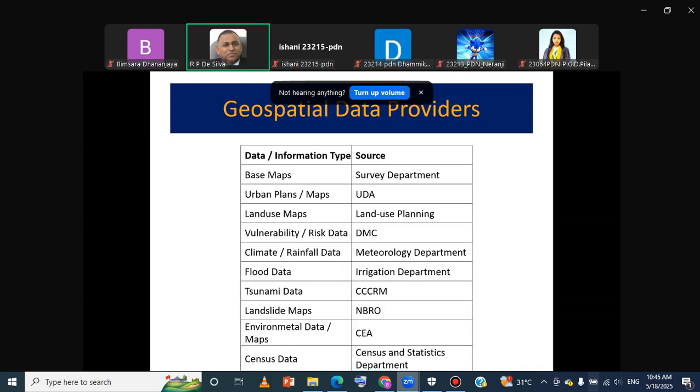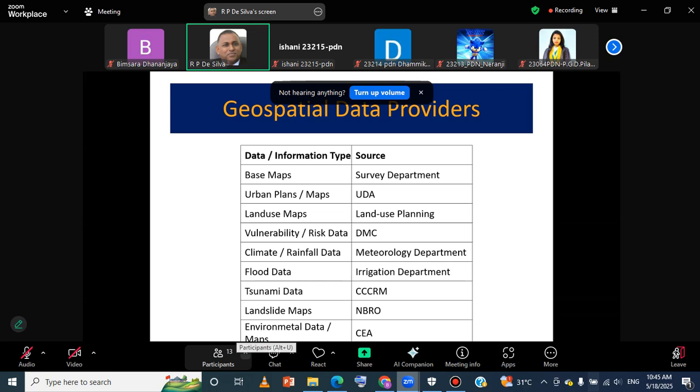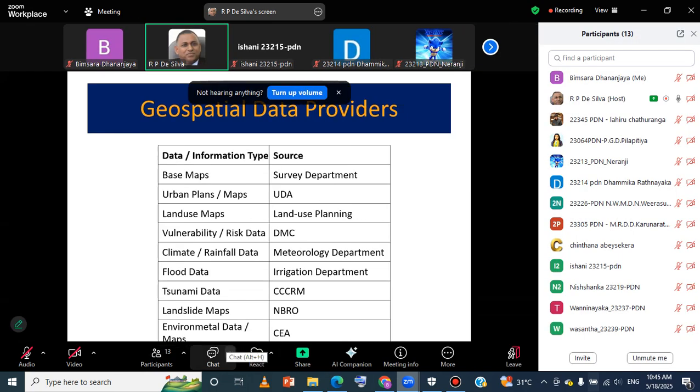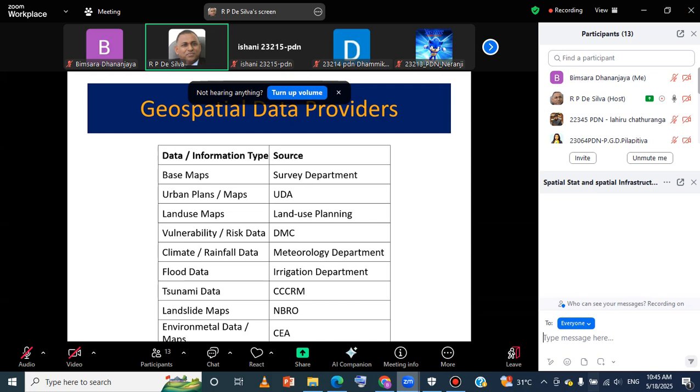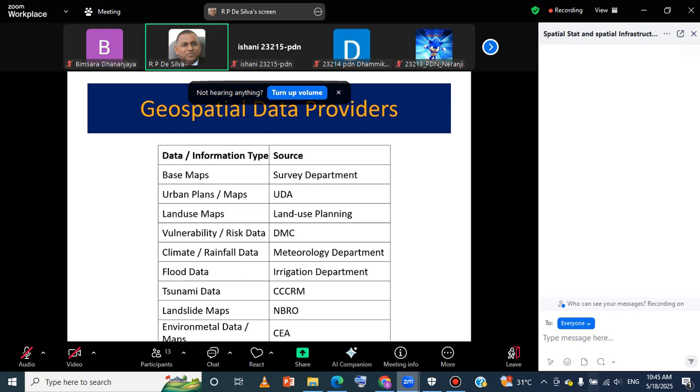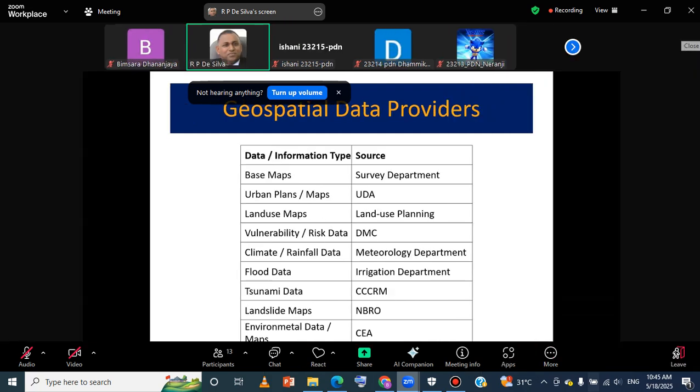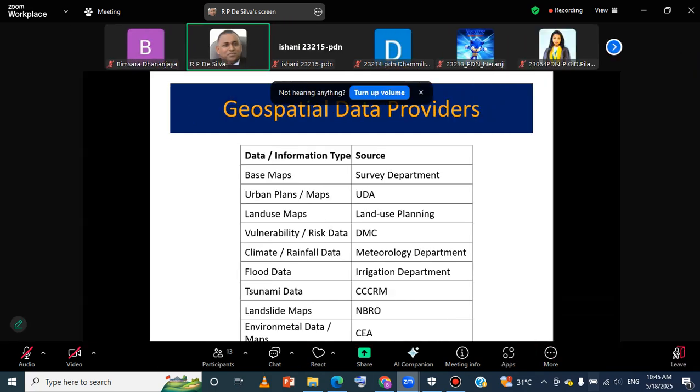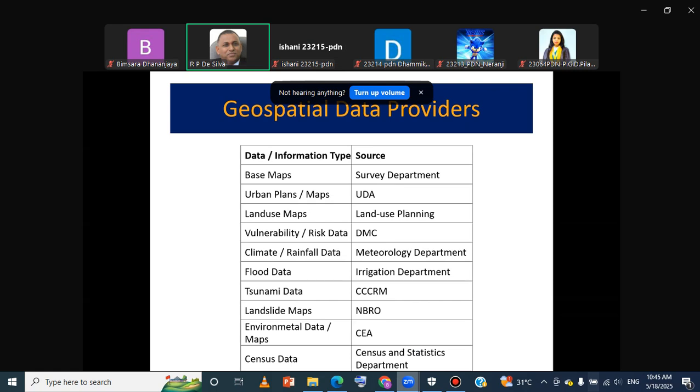So if you look at the Sri Lankan structure for the geospatial data or geospatial data providers, the basic maps or whatever framework data are available with the survey department. Now the survey department has improved quite a lot. Earlier, it was difficult to even purchase a printed map from the survey department.